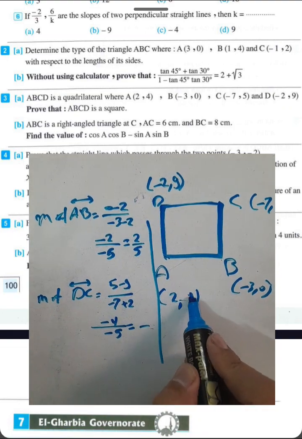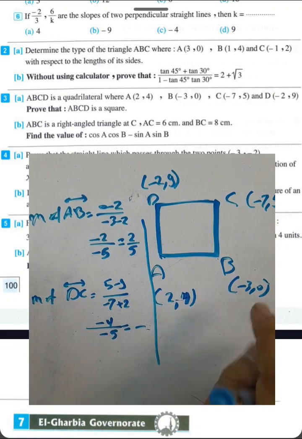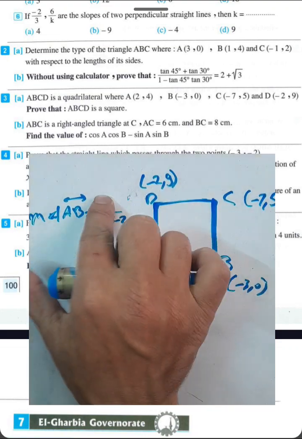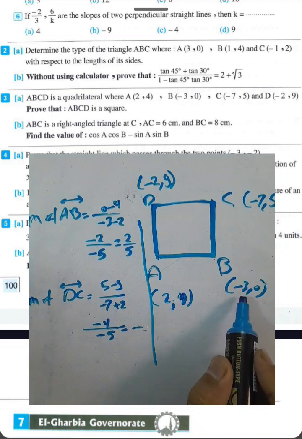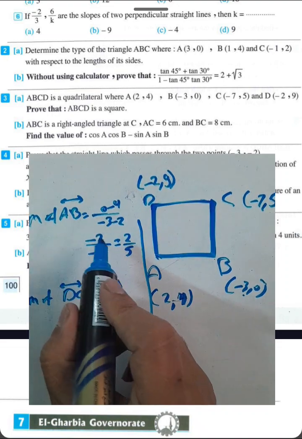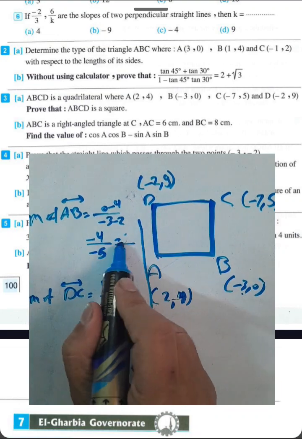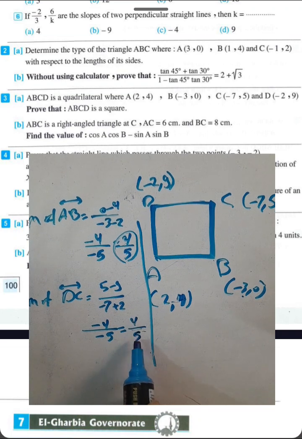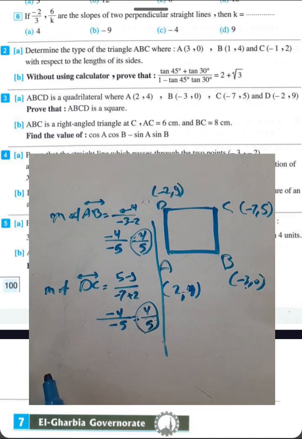Again, 0 minus 4 over negative 3 minus 2, it will be negative 4 over negative 5, which is 4 over 5. Okay, they are equal.